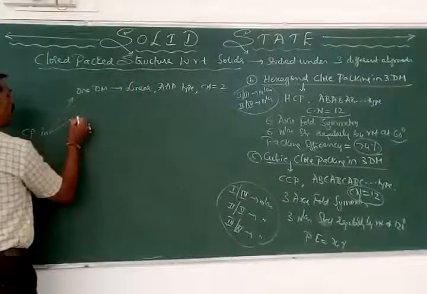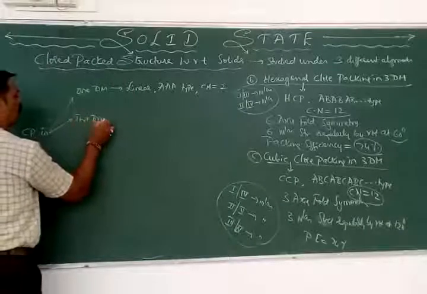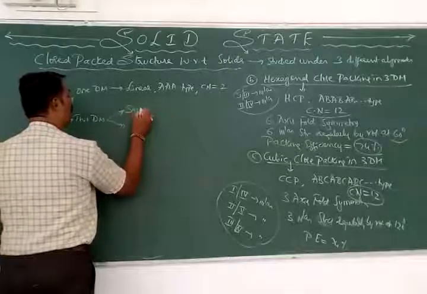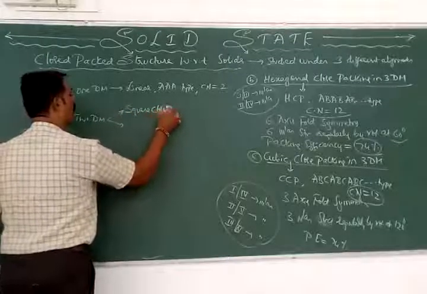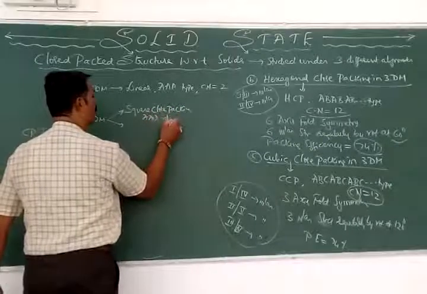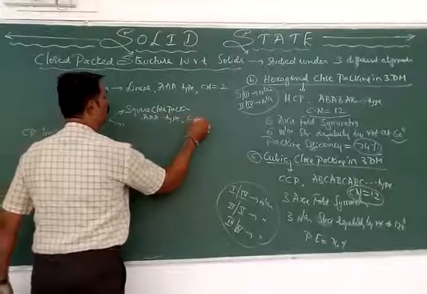The close packing in 2 dimensions, we are having 2. First one is square close packing, which is of the same AAA type with a coordination number of 4.